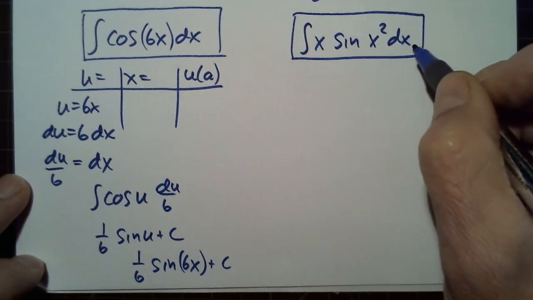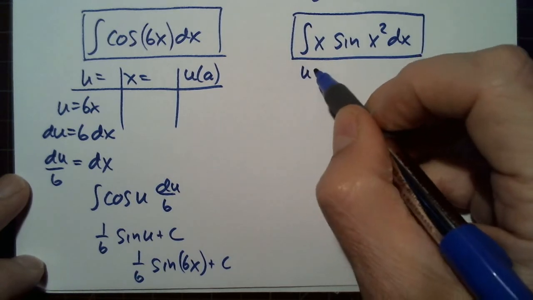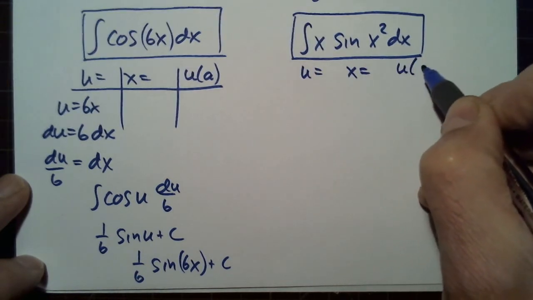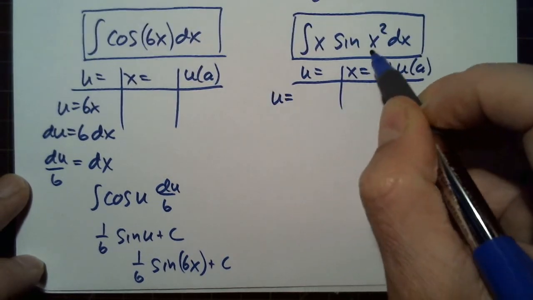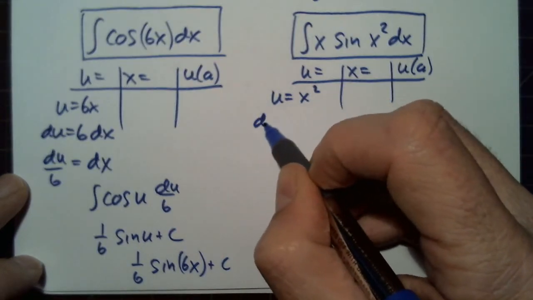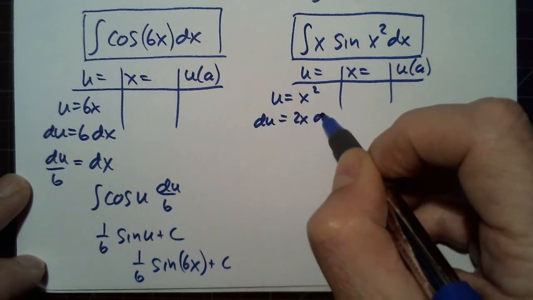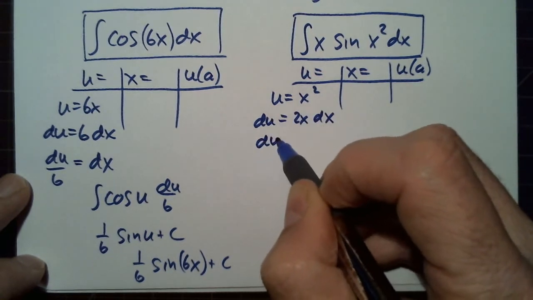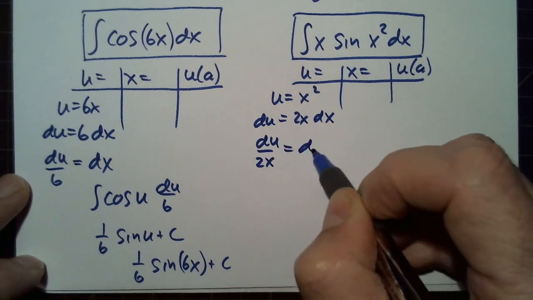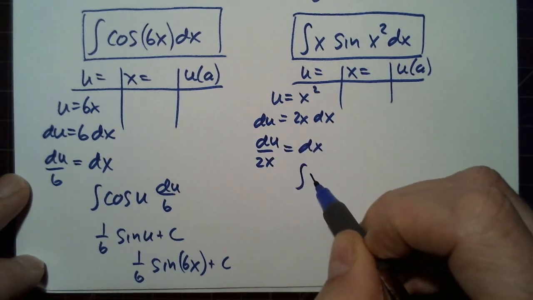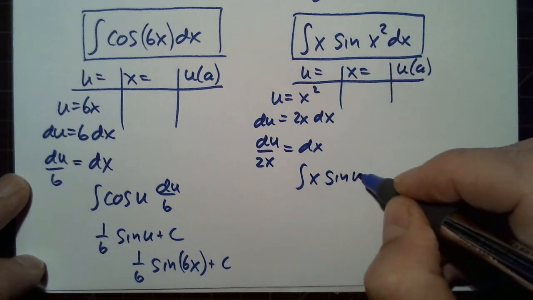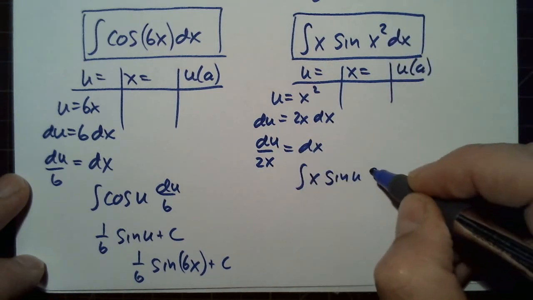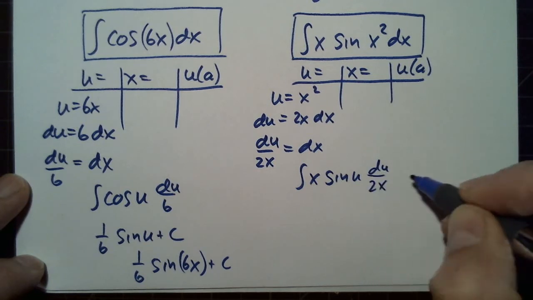Alright, pause the video and try this one. The inside is x squared. So we have du over 2x is dx. u is x squared. dx is du over 2x.